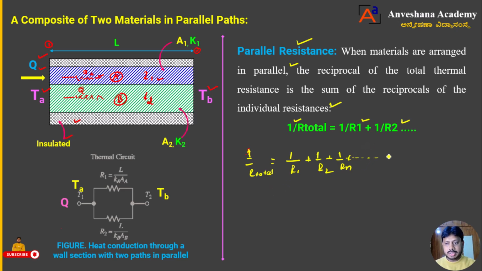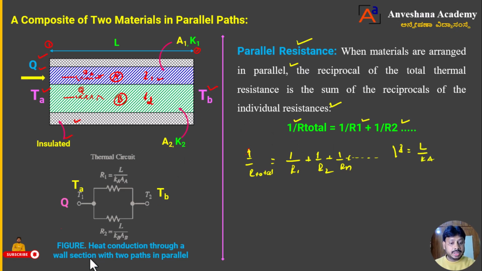Dear students, we know already generally what R is: the resistance offered by a material. In conduction heat transfer, the resistance formula is L divided by K into A. K represents thermal conductivity, A represents area, and L represents length.